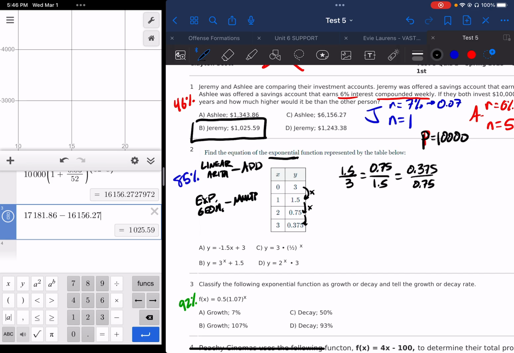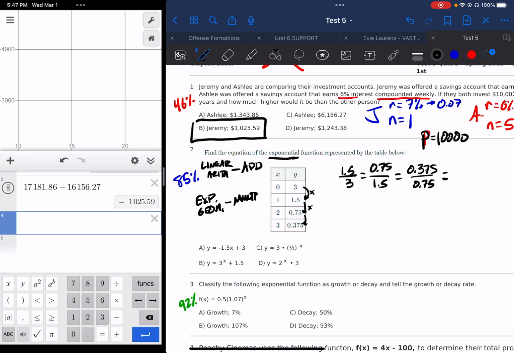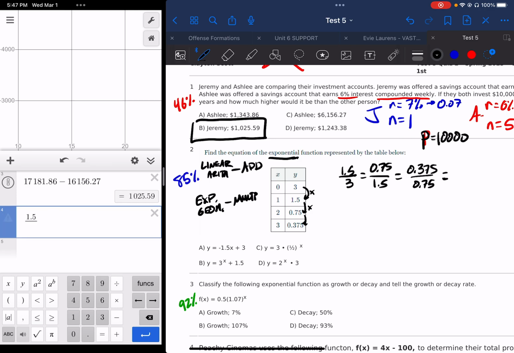All of these things should give you the common ratio, or really what we're talking about here is the base, the multiplier, the thing that we're multiplying by. It should look like 1.5 divided by 3, which is 1/2.